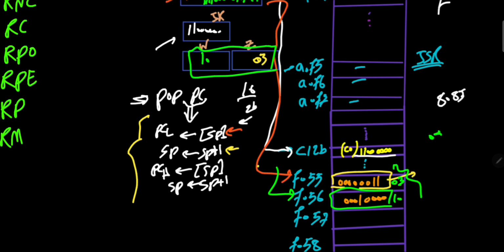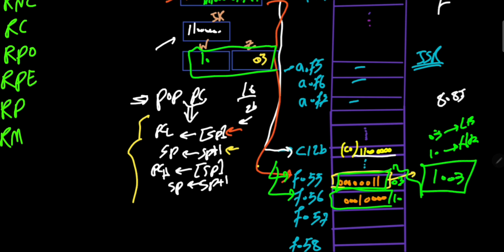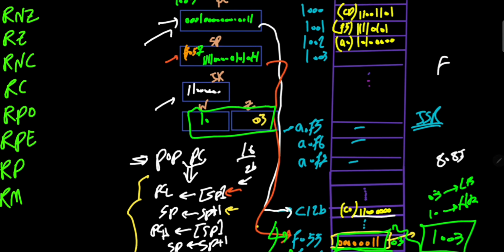Which one is lower byte and which one is higher byte is like this: lower byte, lower address. So F055 is the lower address, therefore 03, the contents in this memory cell, would be the lower byte, and this would be the higher byte, 1003, therefore this would be read by the CPU inside the PC register.